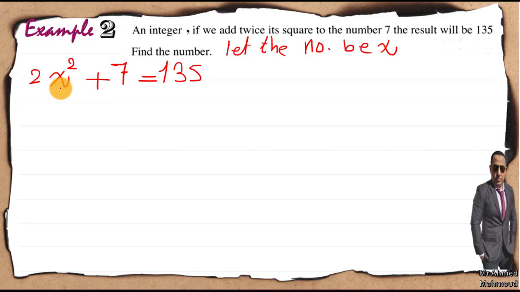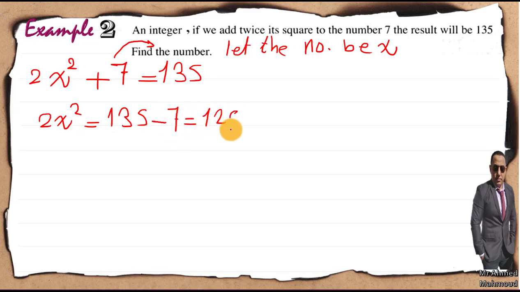This equation includes x to the power of 2 and doesn't include x, so I can solve this equation by using the first term method. How? By sending the numbers to the right side and taking the square root. So I'm going to send 7 to the right side. Here I have 2x to the power of 2 equals 135 minus 7 equals 128.